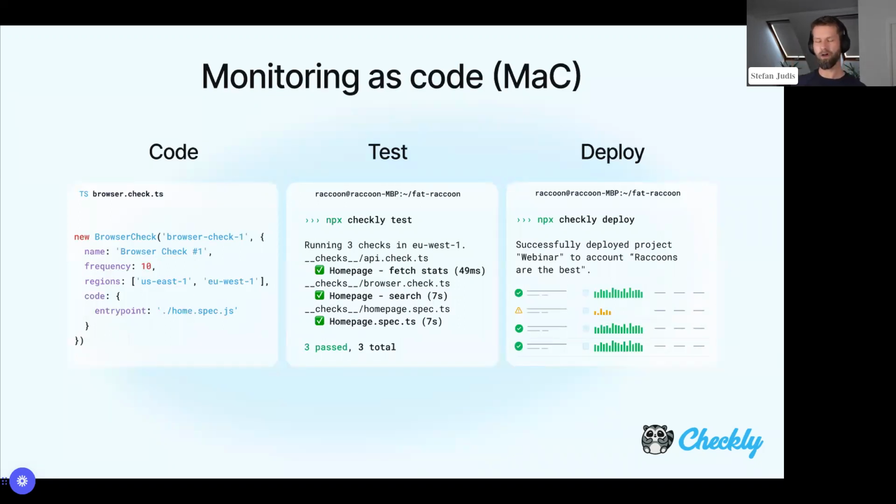You can now put all these definitions in code, but we've leveled it up so that you can use the same stuff you already have in place for your monitoring in the testing flow that you have in CI/CD or local testing. And then it's really just a press of a button or running one command to turn the things that you use for monitoring, that you tested, and update all your monitoring resources in a single place. So this is the new monitoring as code workflow that we at Checkly provide.